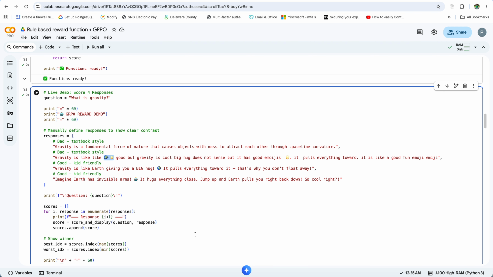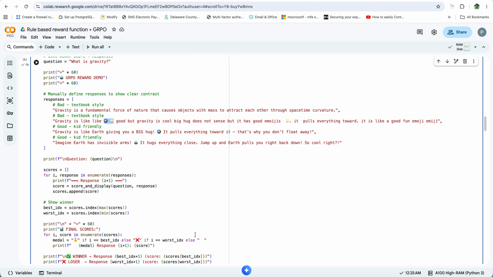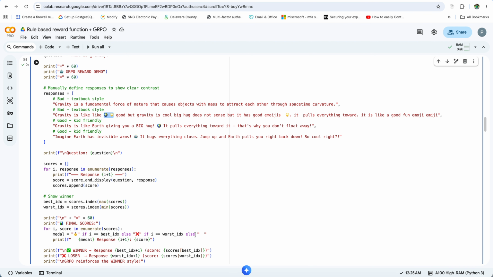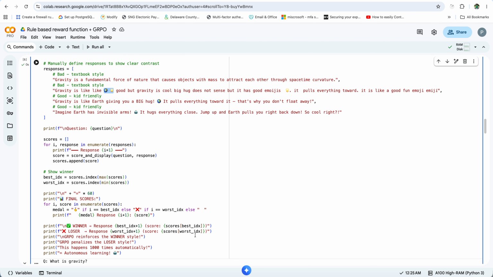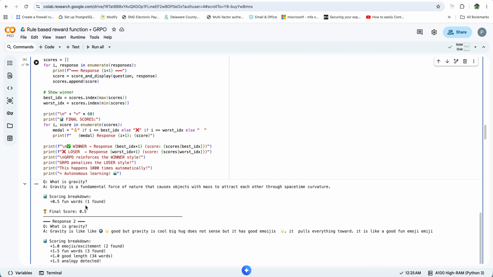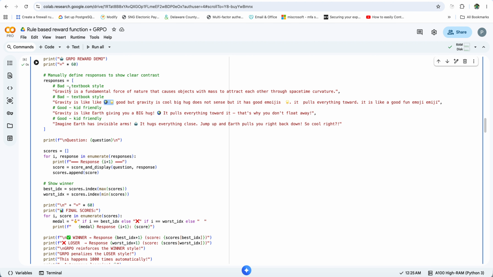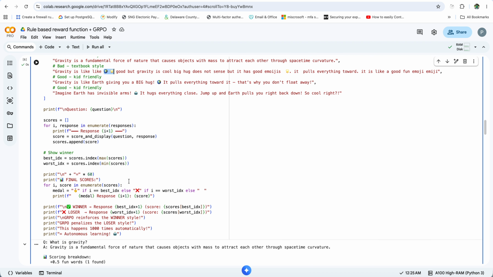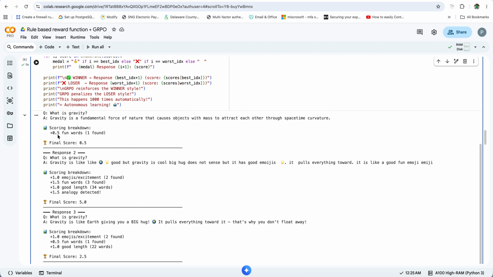But when the reward function started giving scores, the first answer, "gravity is a fundamental force", has one fun word, so it got 0.5. The second answer does not make any sense, but I intentionally added some emojis and some good words.